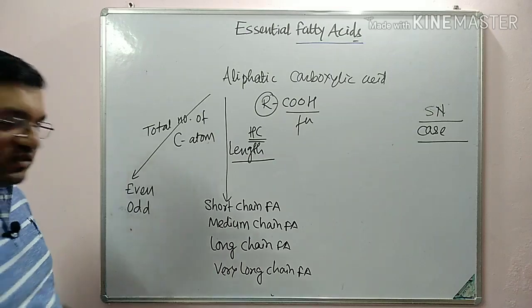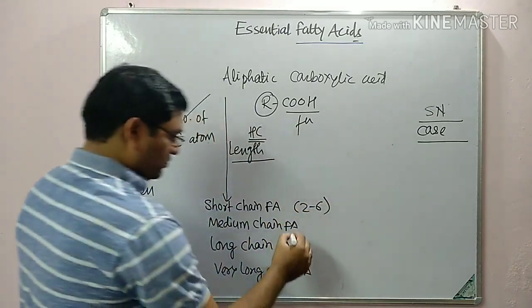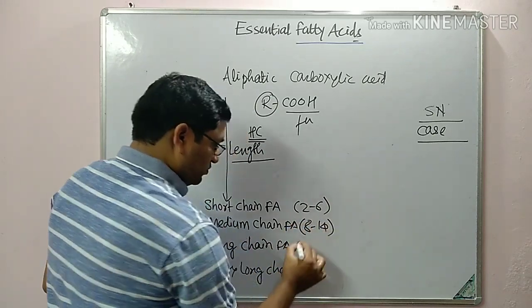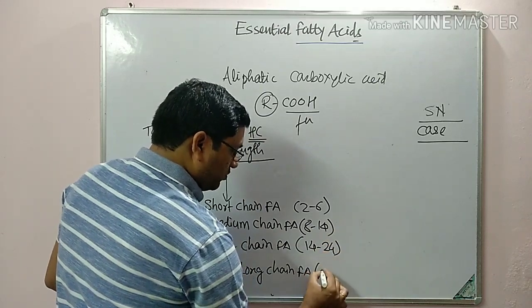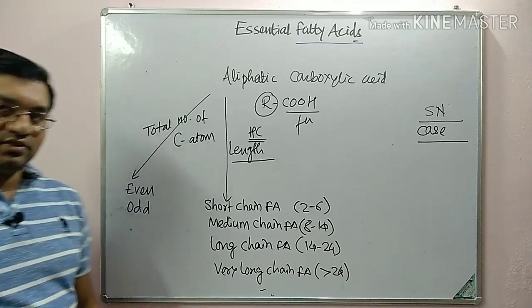Short chain fatty acids include 2 to 6 carbons. Then medium chain includes 8 to 14. Long chain includes 14 to 24, and more than 24 is in the very long chain fatty acids.